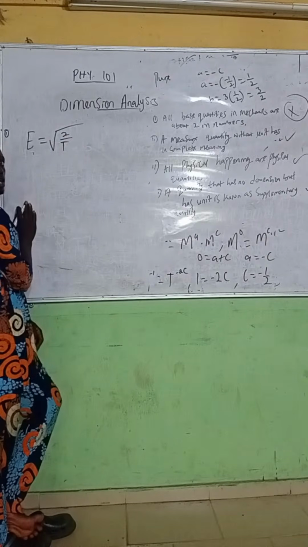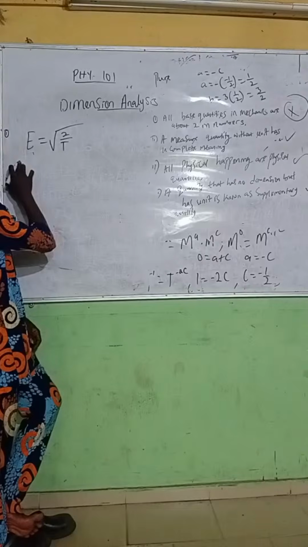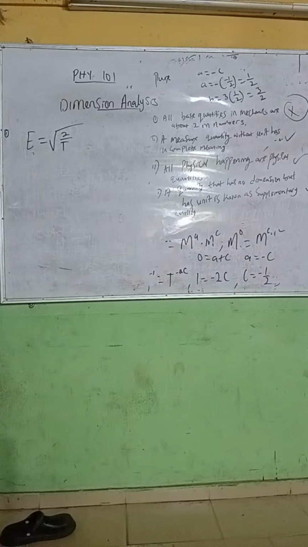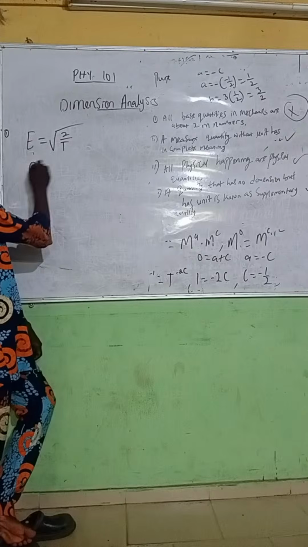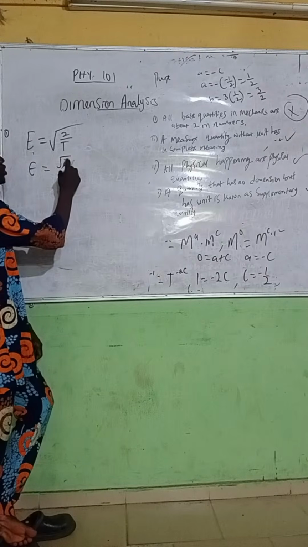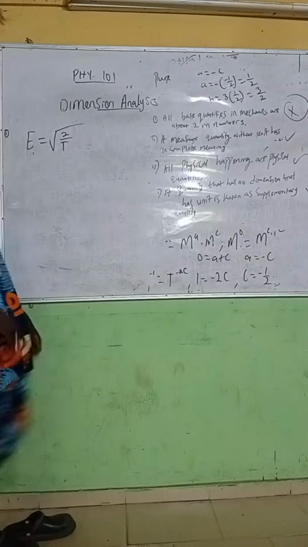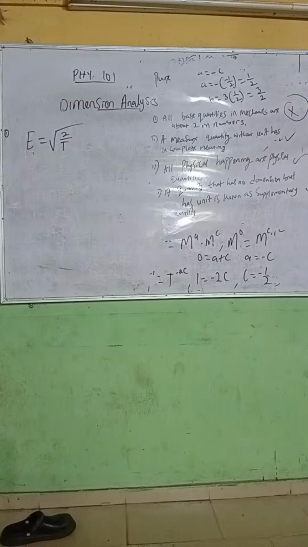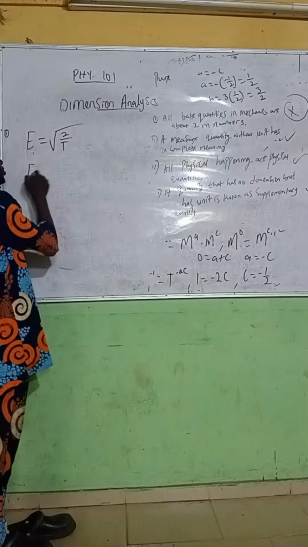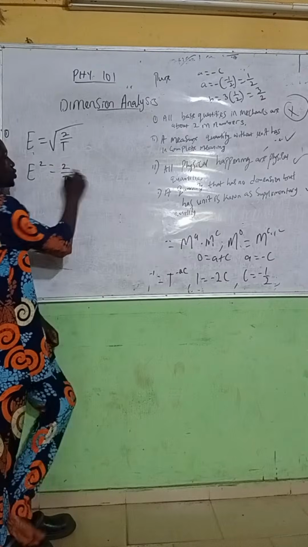Find the dimension of E. Well, let's check this. So here we have E equals root 2 over t. Now we have to remove the root first, right? By squaring both sides. So this becomes E squared equals 2 over t.